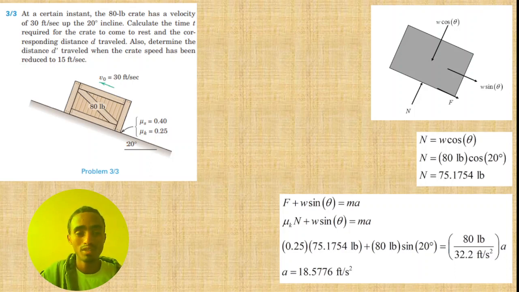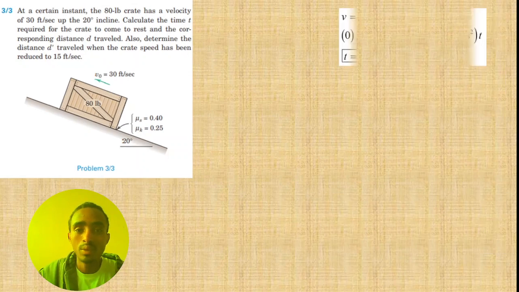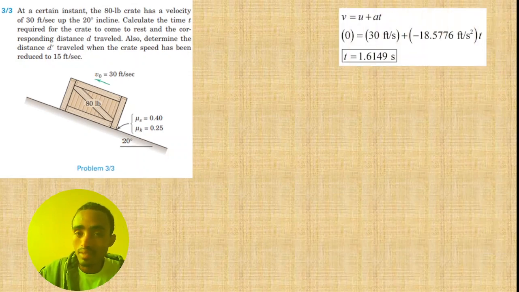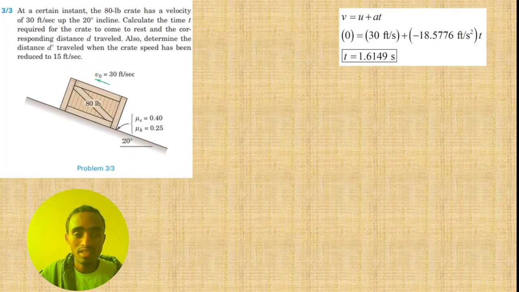This is very important in order to calculate the time and the distance taken for the crate to reduce its speed from 30 feet per second to 15 feet per second. So next, as you know from uniformly accelerated motion, acceleration is equal to the rate of change of velocity, which means acceleration is equal to v final minus v initial over time.